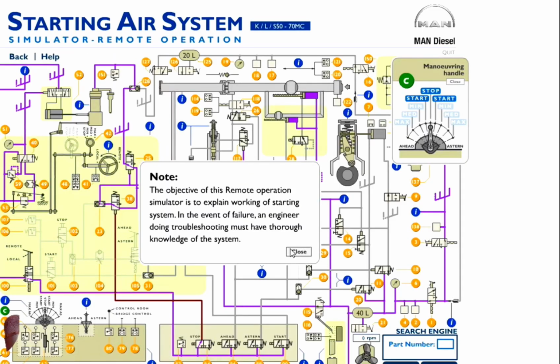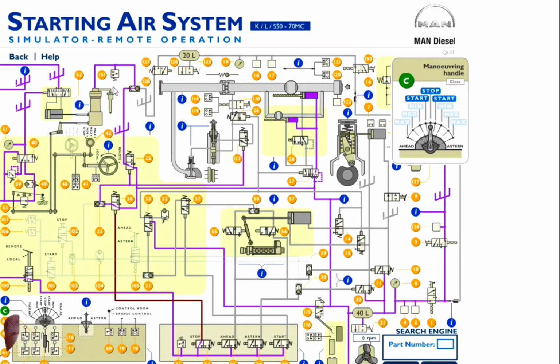Let's say that everything is ready, our turning gear is out, we have pre-lubed our engine, everything is ready for start, and we give a signal for start ahead. The signal goes from here to the actuator, to the air distributor, to the reversing mechanism, to secure that we have selected the ahead position.